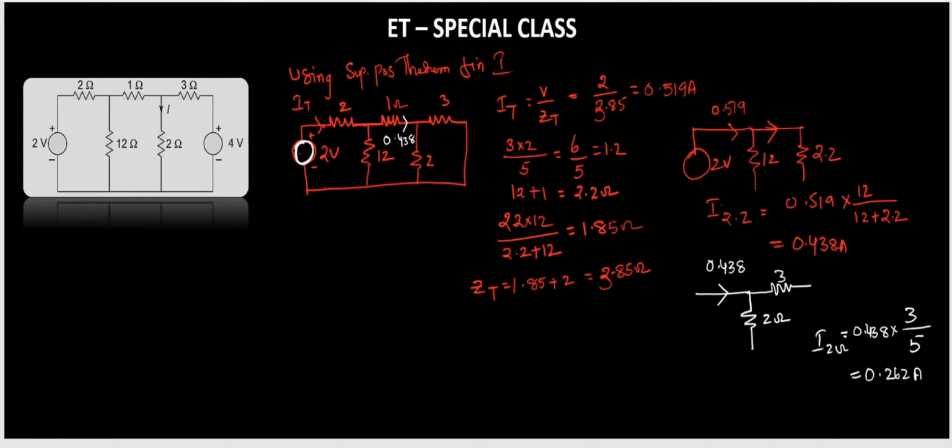Okay, so in the next step, what we have to do? We have to short this 2 volt source. This is 2 ohms, 1 ohm, 3 ohms, and this is your 2 ohms, and this is your 12 ohms. So you have to short this, and here 4 volts will be there.